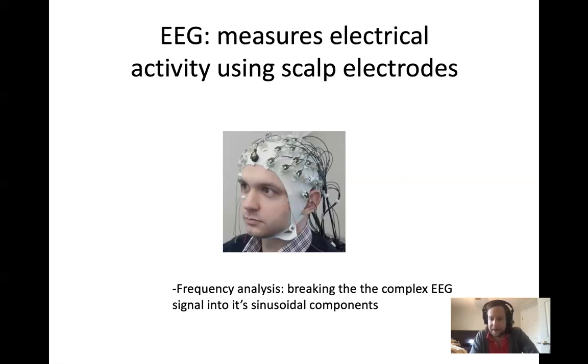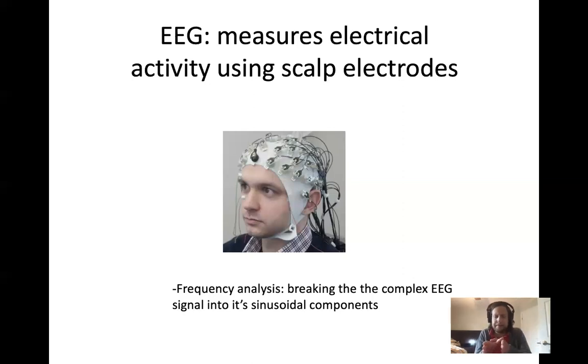EEG can basically detect differences in electrical activity occurring on the order of milliseconds, fractions of a second. Sometimes you'll see studies where they're zoning in on a 5 millisecond period of time and looking at electrical differences between, once again, two mental states.